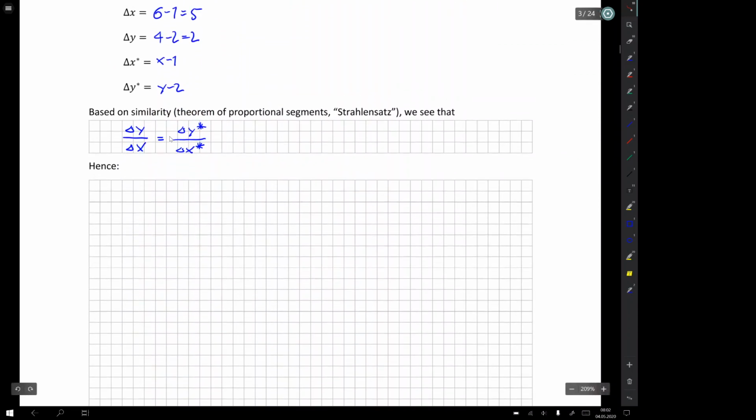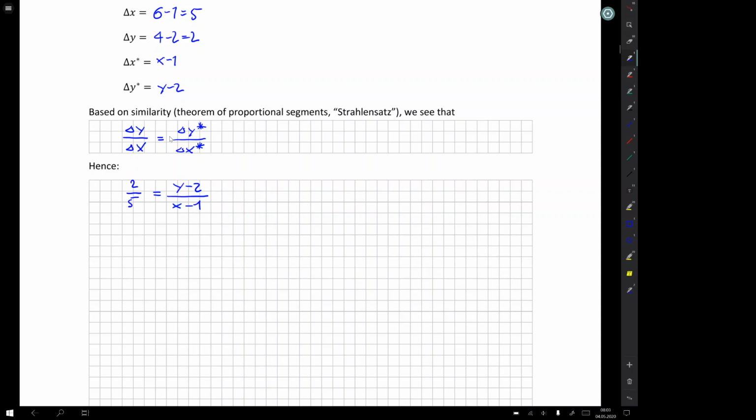So we get delta y is 2 divided by delta x being 5 is the same as y minus 2, that's the delta y star, divided by x minus 1.